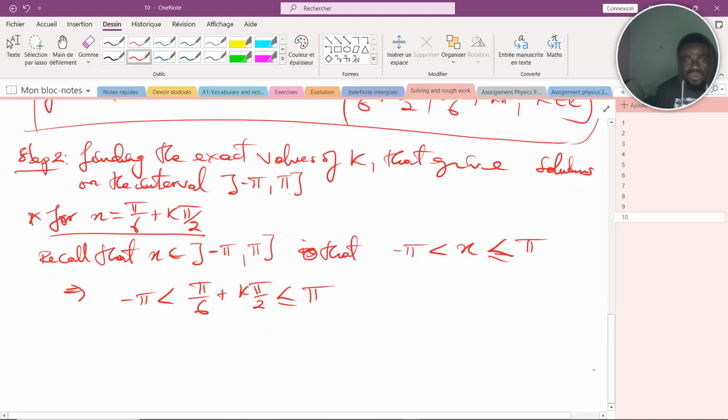We have pi on both sides, so we can divide all through by pi. If we divide all through by pi, all the pi will go.